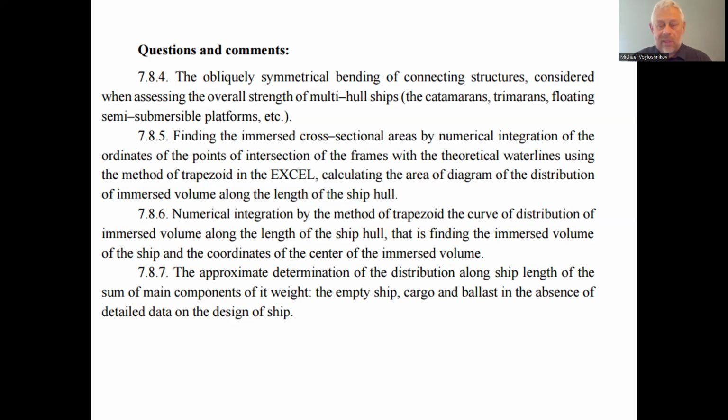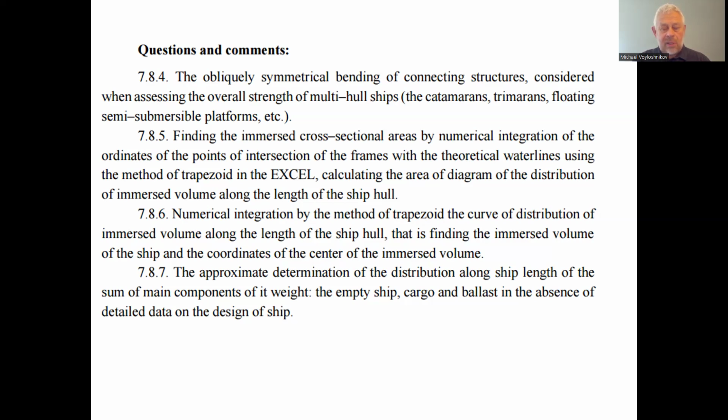If, for example, for the multi-hull ship, we have an excess of the Archimedes floating forces applied to one peak of one hull and to the other peak of another hull along the diagonal of the general arrangement of the multi-hull ship, in this case we have obliquely symmetrical bending of the connecting bridge of the hulls. This could be as well a concept for checking the strength of ships of definite classes.